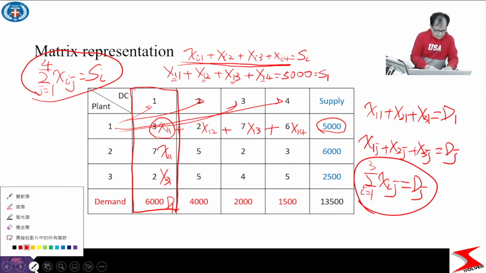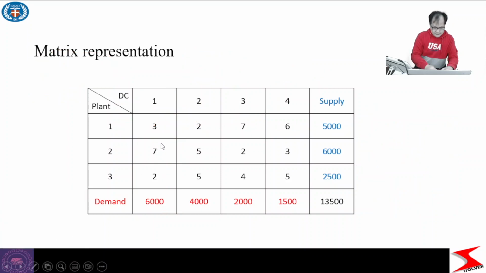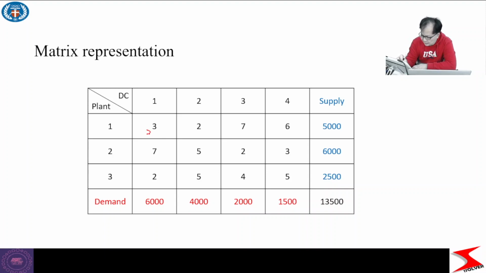So I clean this table and write them down: x11 is 3,500, x12 is 1,500, x22 is 2,500, x23 is 2,000, x24 is 1,500, and x31 is 2,500.